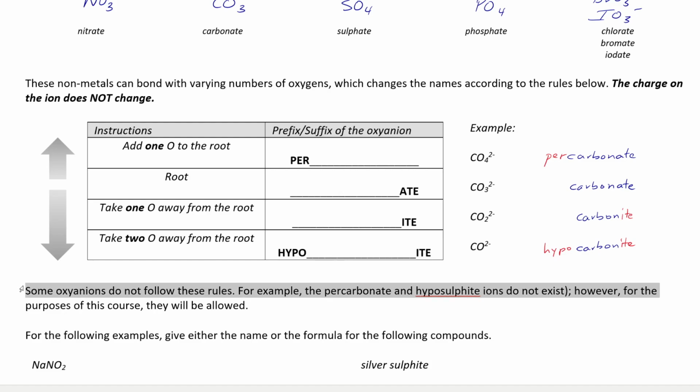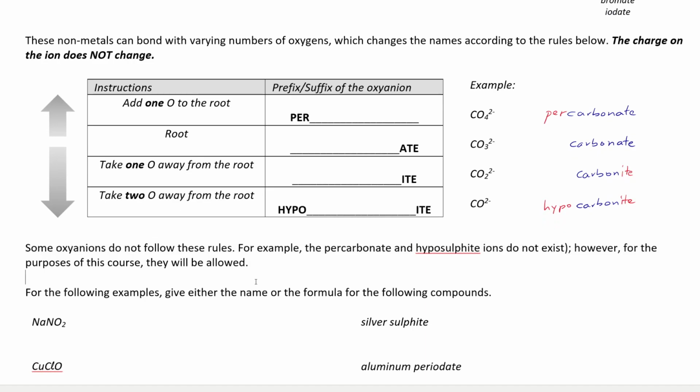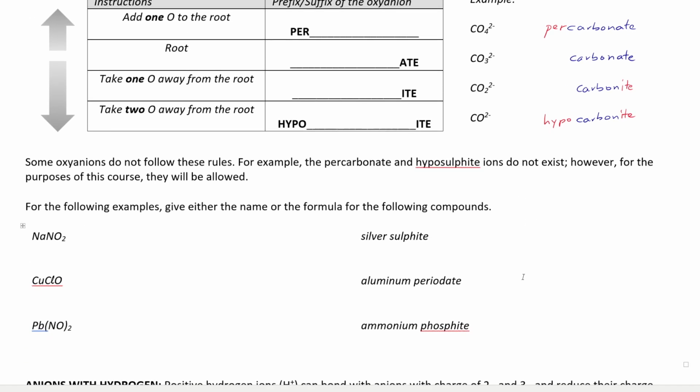Some oxyanions do not follow these rules. For example, the percarbonate and hyposulfite ions do not exist. However, for the purposes of this course, they will be allowed. So just to practice these rules, we're going to allow these ions to exist.